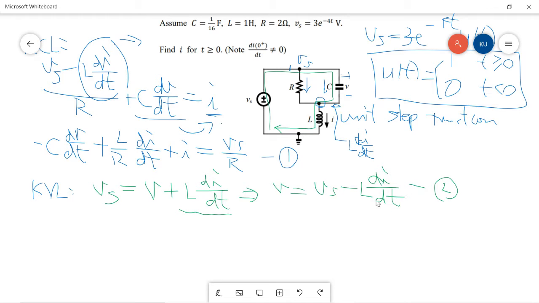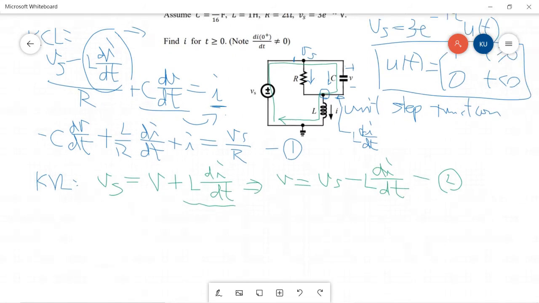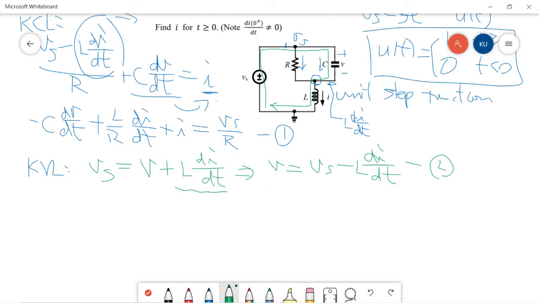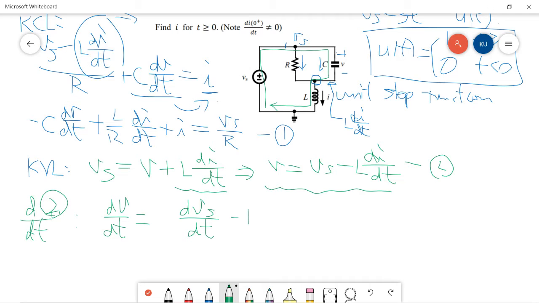For the second equation, we can take the derivative, so that it will become dV/dt equals dVs/dt minus L times the second derivative of I with respect to time.